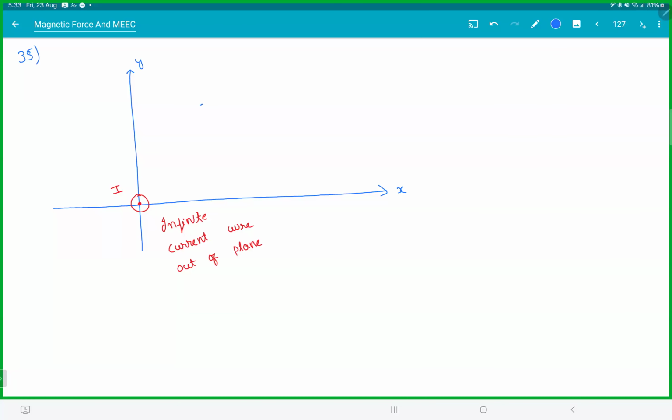So here you have some random wire whose coordinates are, let's call this point A, x1, y1, and this is point B, which is x2, y2. This is carrying current small i. Find the force on the curved wire.